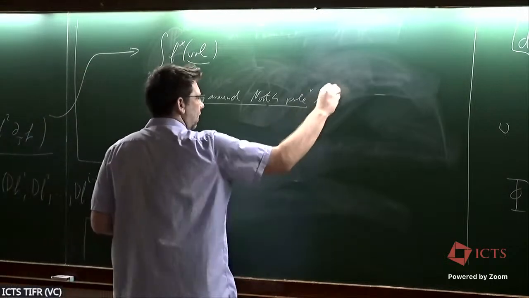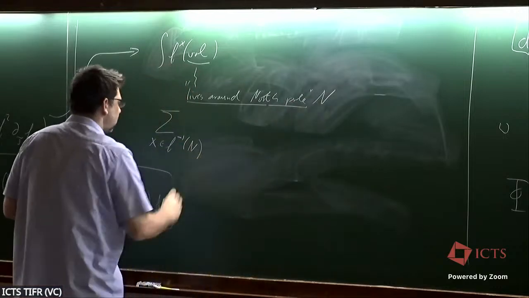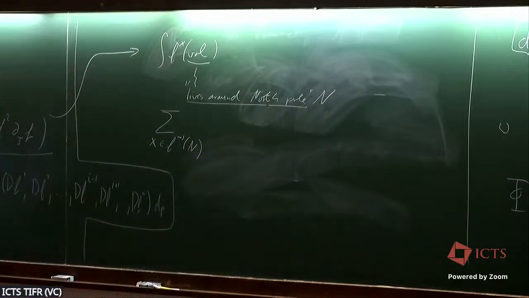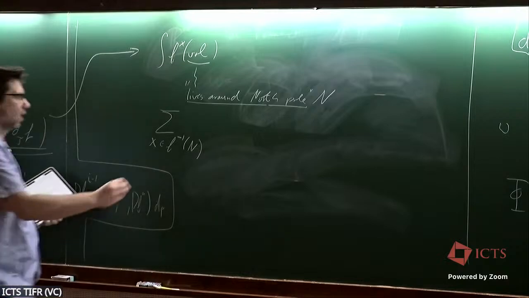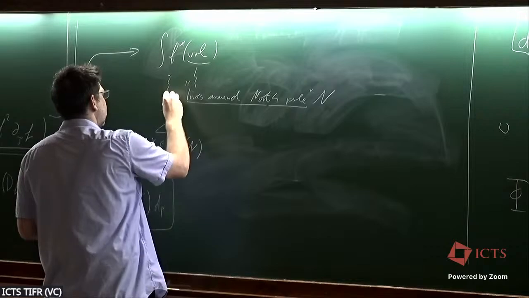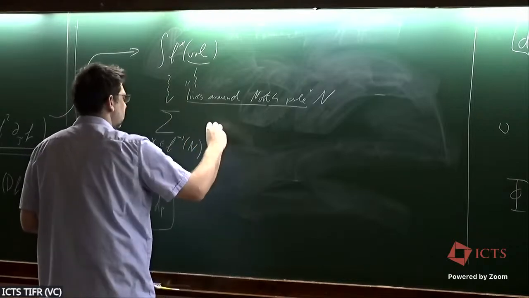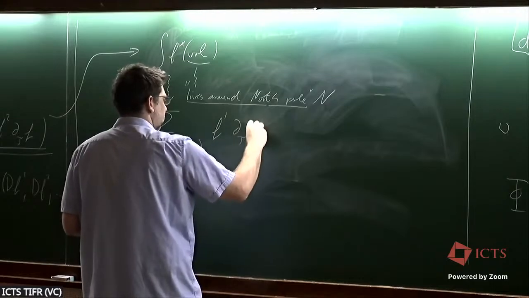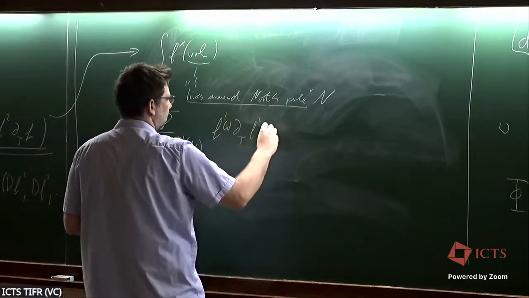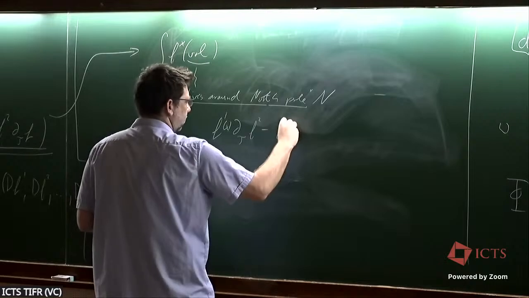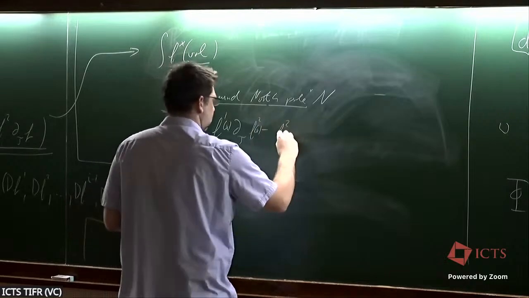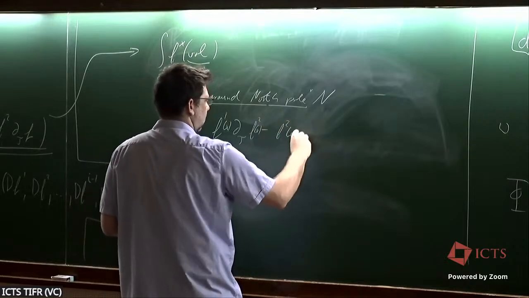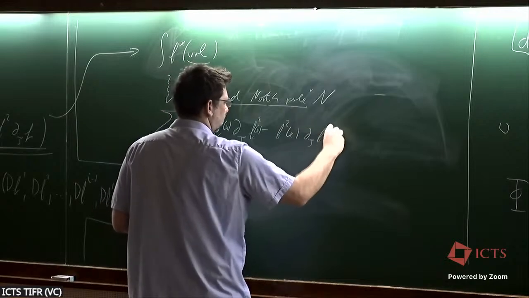Let's call this n. And then we sum this guy. After this localization, it more or less looks like f1 tangential derivative f2 minus f2 f1.